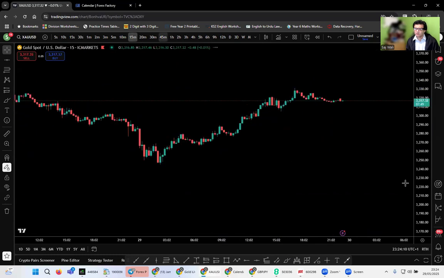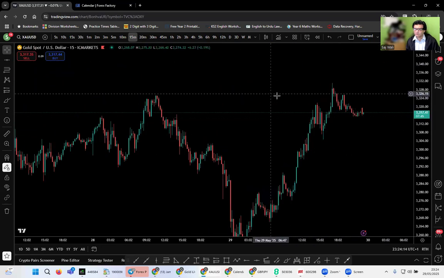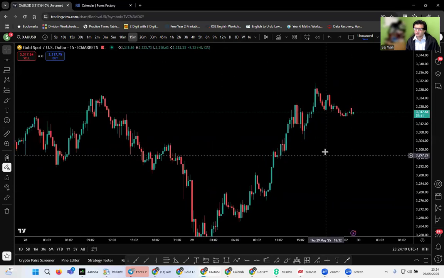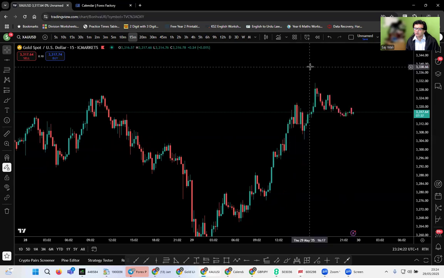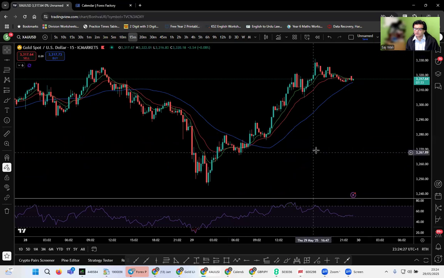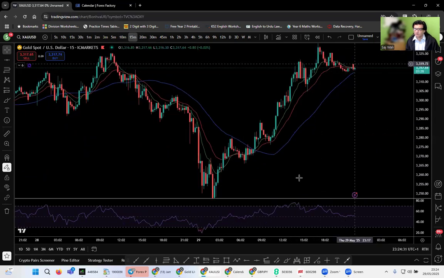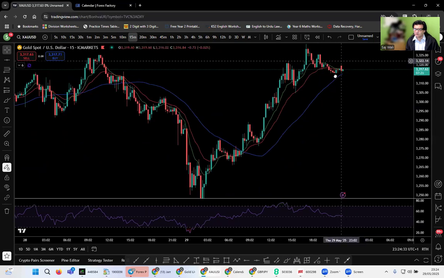But if you go into smaller time frame, in this kind of situation, what I normally do, I always use my moving average strategy as well. Especially if you want to take trades in smaller time frame, you can take trades using these.